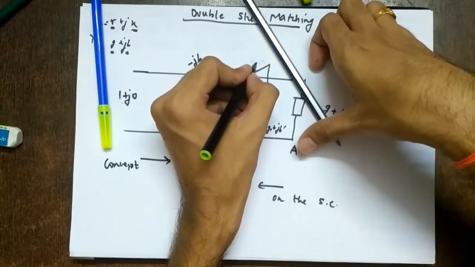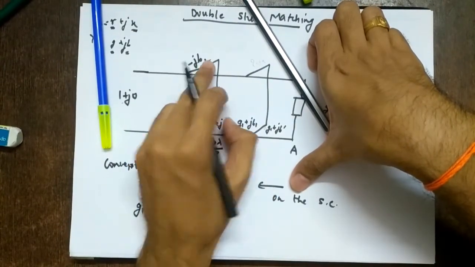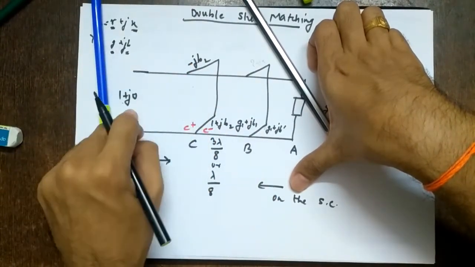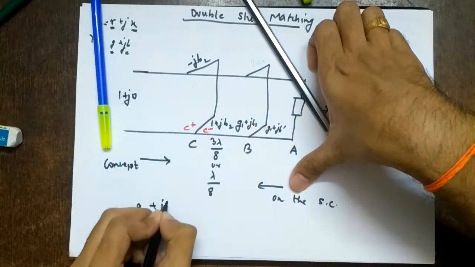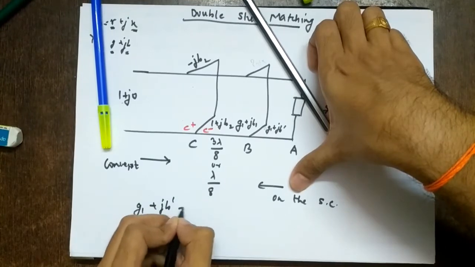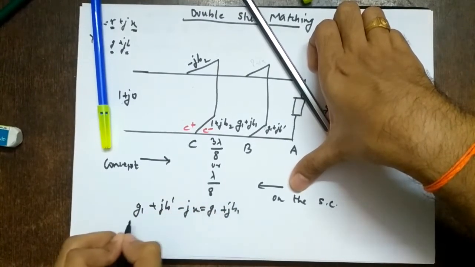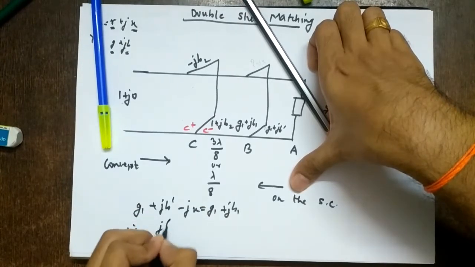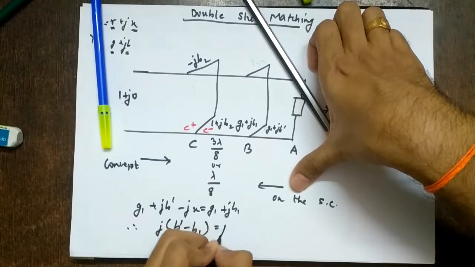So I want to find this minus JX now. What we have done is 1 plus JB2 minus JB2, meaning we added these two to get this. So G1 plus JB prime minus JX equals G1 plus JB1. G1 will get cancelled. Therefore you get J times B prime minus B1 equals JX.